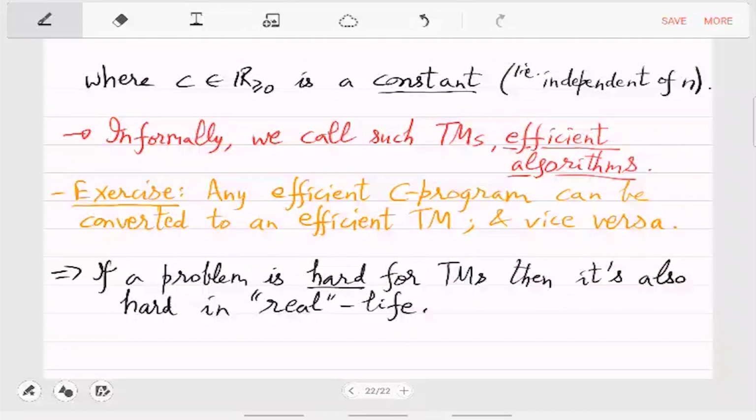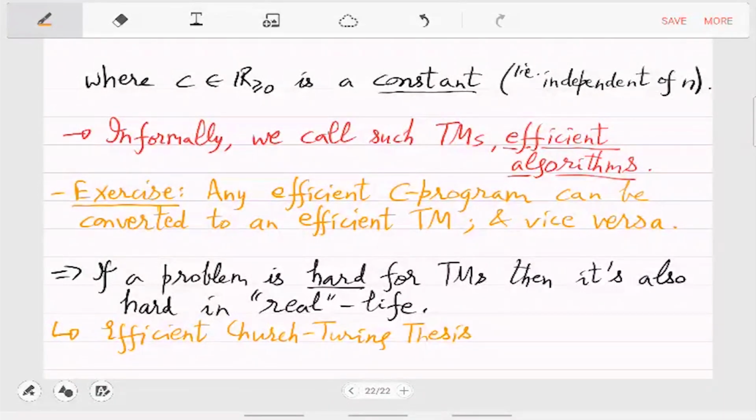Okay, so let me just remark that this efficient, if you will, Church-Turing thesis might fail, or it will fail if you build a quantum computer.